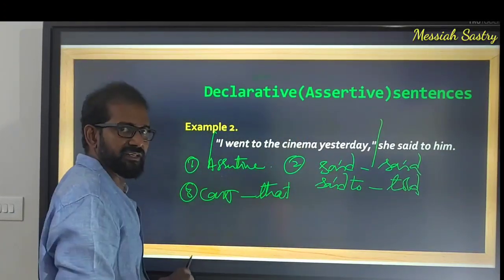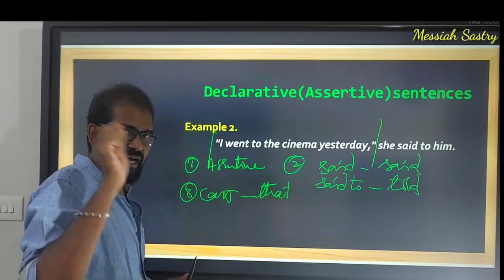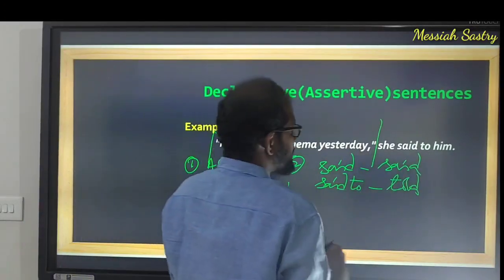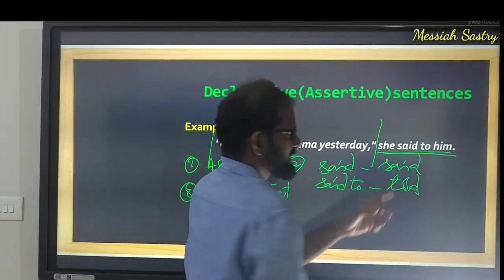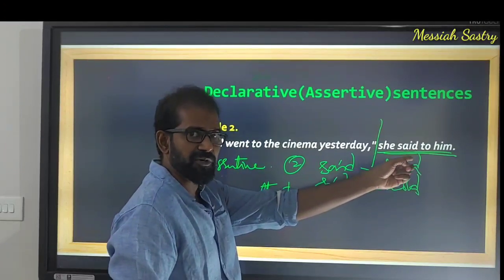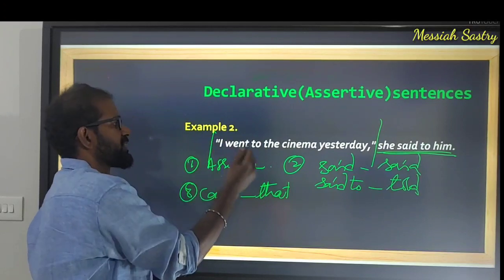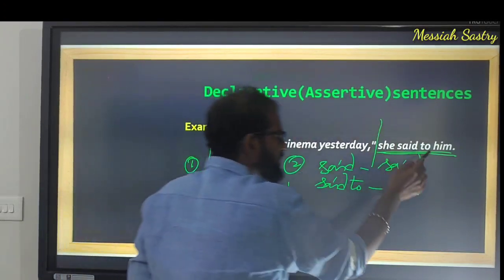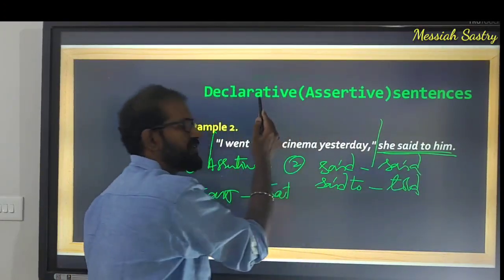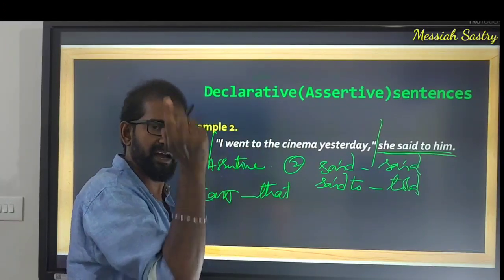And remember here, in direct speech, the sentence which is not in inverted commas is called the reporting clause. This reporting clause can be before the reported clause, after the reported clause, or between the reported clause. That we had already discussed.